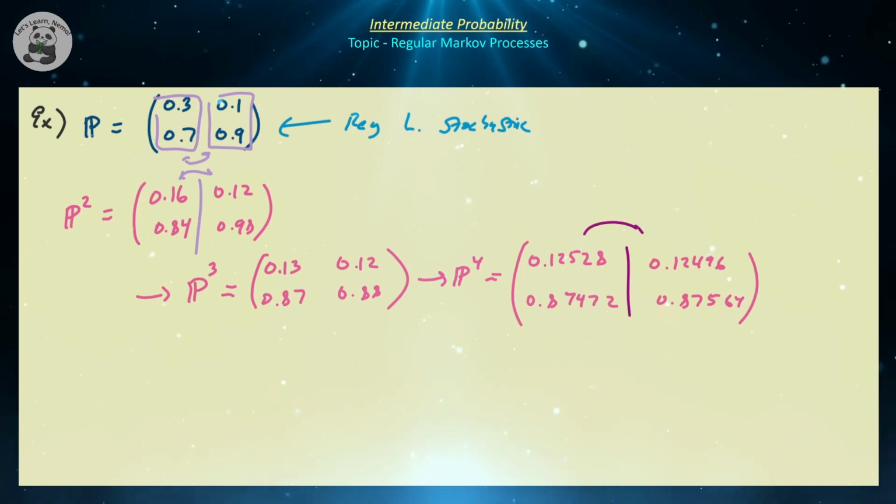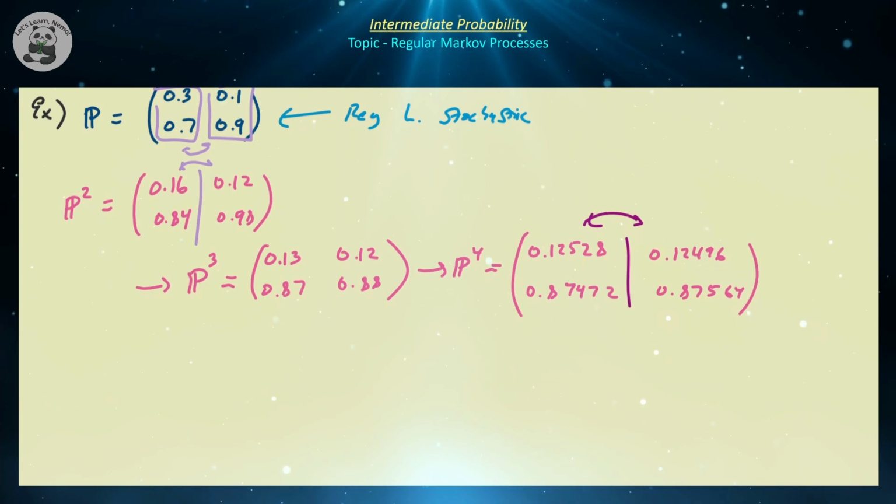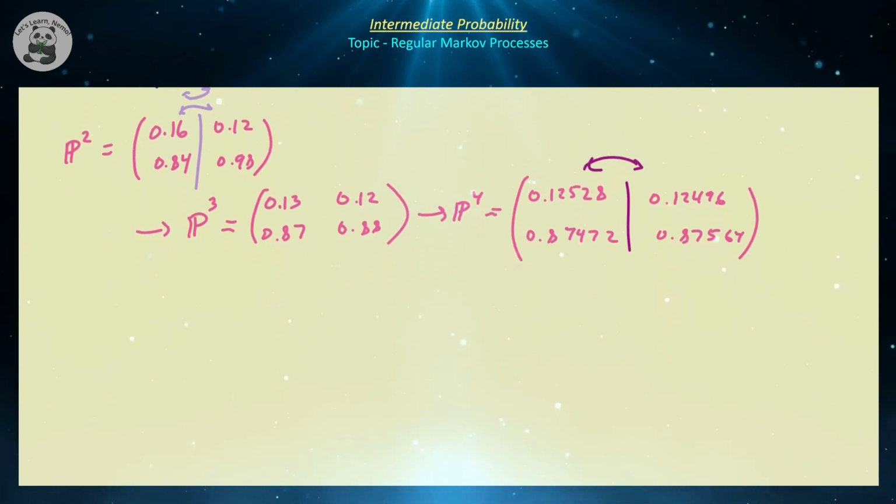And you'll notice that these columns are equal to one another, up to 2 decimal places. So what exactly is going on here, and does this really have anything to do with regular stochastic matrices?